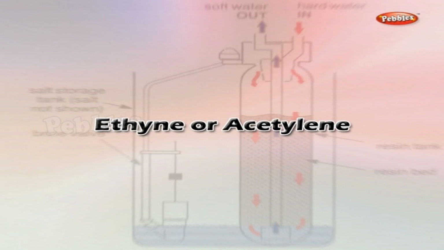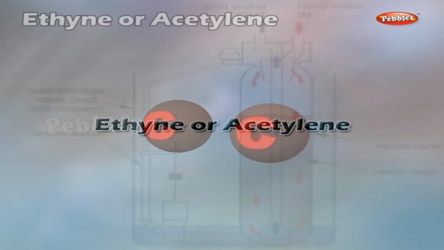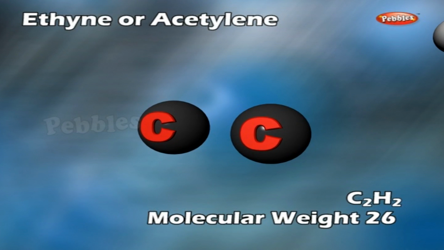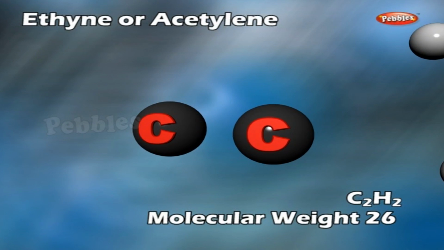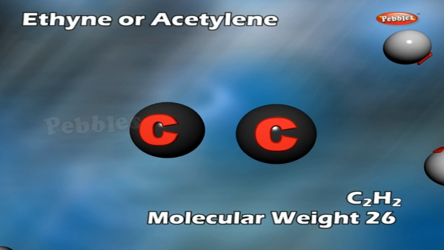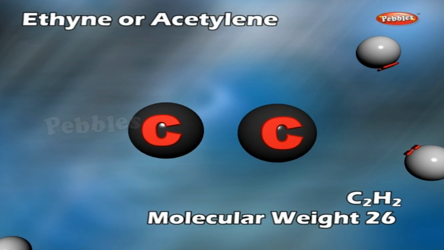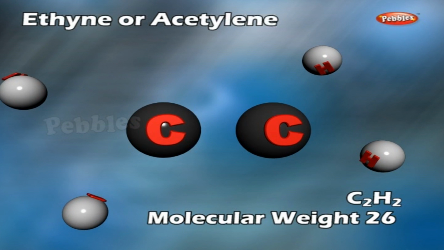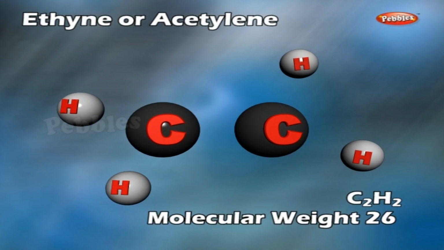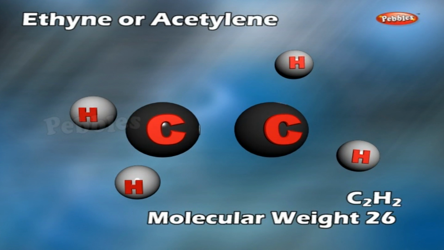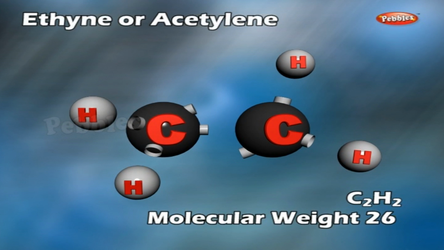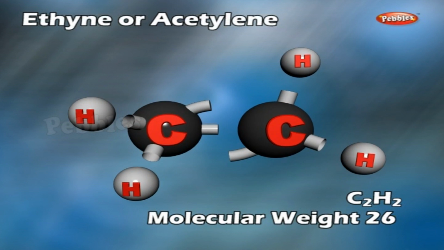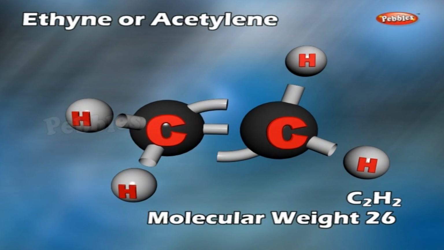Ethene or acetylene. Molecular formula C2H2. Molecular weight 26. Ethene is the first member of the alkyne series in which two carbon atoms are joined together by a triple bond.